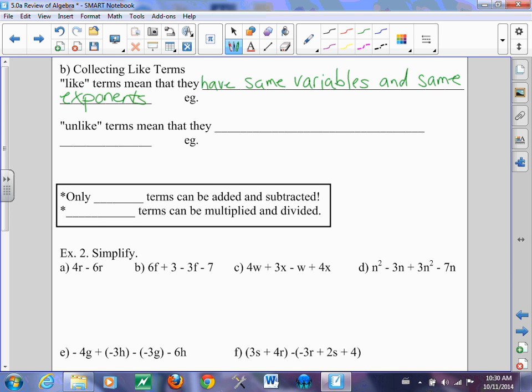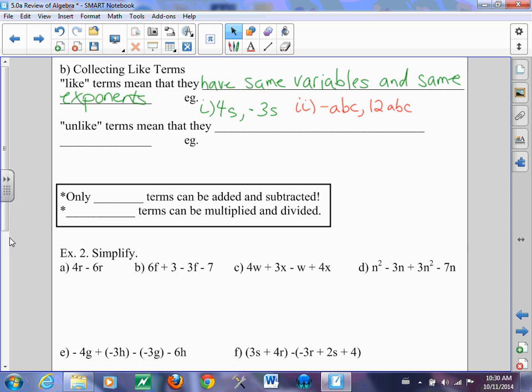So, example 1, if I have 4s and negative 3s, although one's positive and one's negative, they both just have s's. My second example is negative ABC, comma, 12ABC. Notice they all have ABCs, so you could add or subtract them.